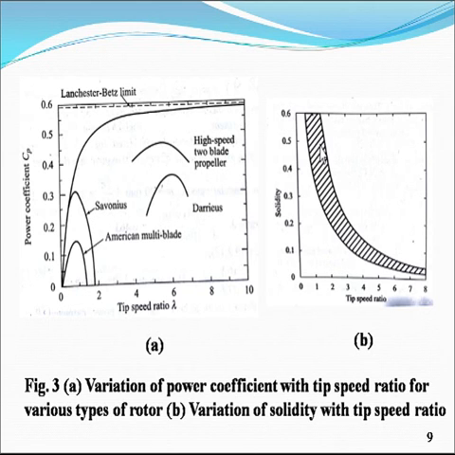This is the region for the multi-blade and the Savonius rotor. For tip speed ratio 4 to 8, we have the propeller machine, in which the blades are 2 or 3, so they occupy less area in the swept area. The ratio of blade area to swept area is the solidity, which is low in the propeller blade machine.